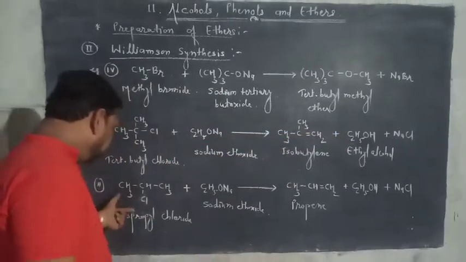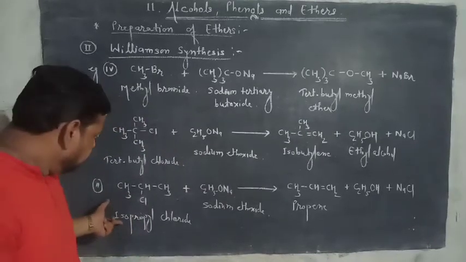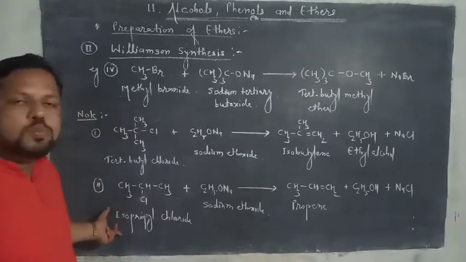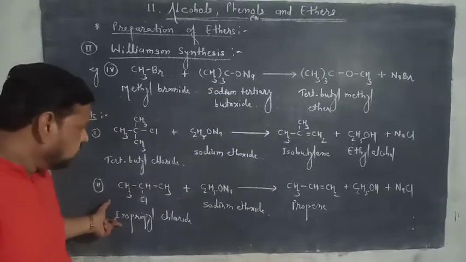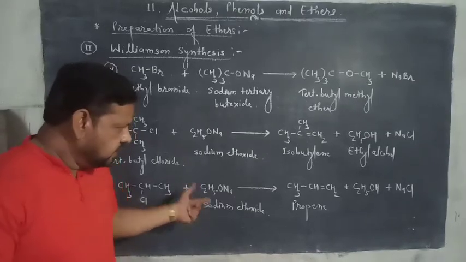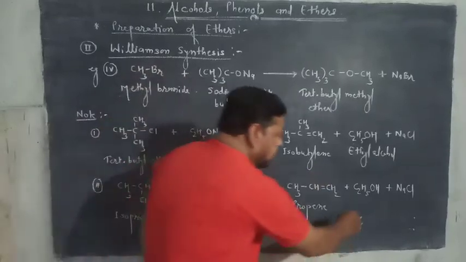Then next example, this is the secondary alkyl halide. Example of secondary alkyl halide, that is isopropyl chloride. This isopropyl chloride reacts with sodium ethoxide. Then it gives propene and ethyl alcohol.